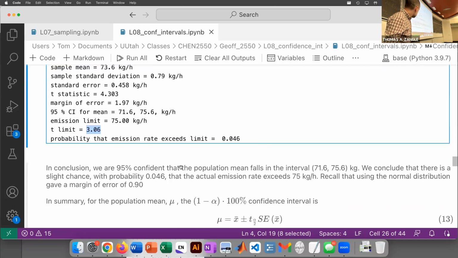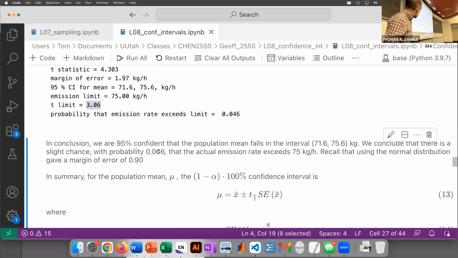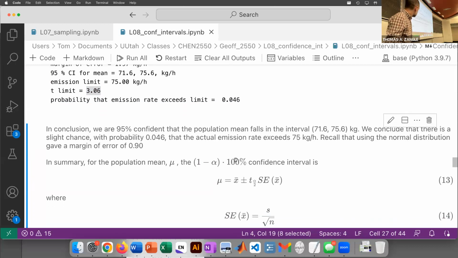So our end result of this analysis was that we're 95% confident that the mean falls within this interval. But we concluded that there is a probability, about 4.6%, that the actual emission rate exceeds the 75 kilograms per hour. So there is a chance that the actual emission rate exceeds that number, but it's not terribly high based on our sample.